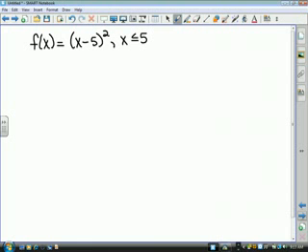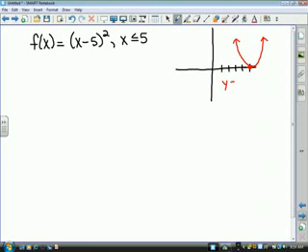Okay, so let's think about what that means first of all. First of all, that's a parabola, right? How's it translated? To the right. Something like this, right? Now that is x minus 5 squared.